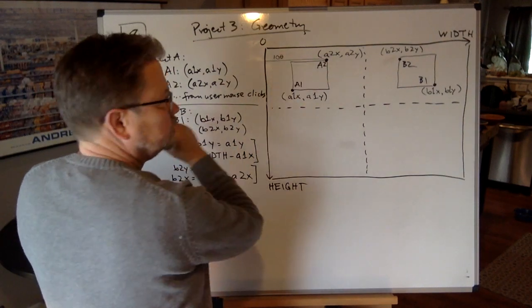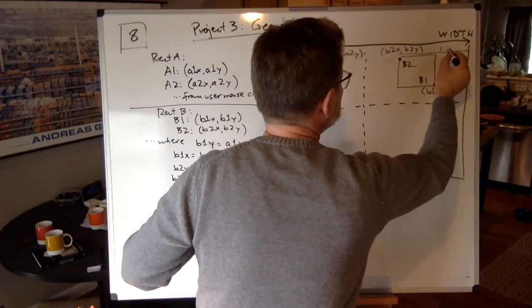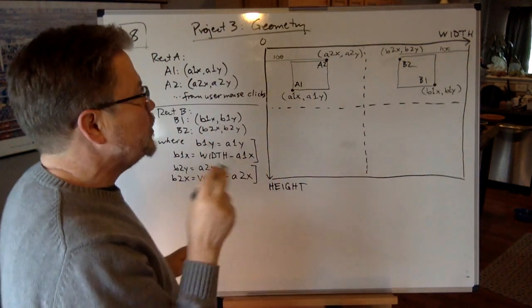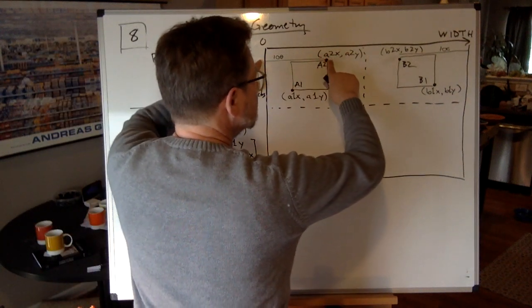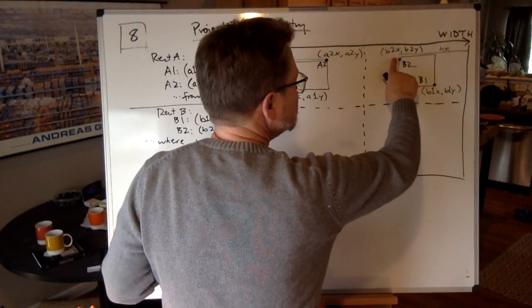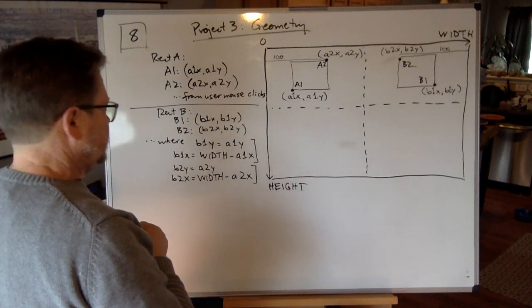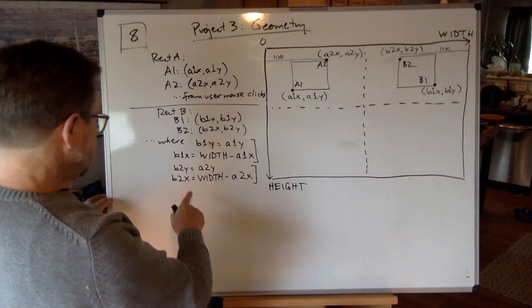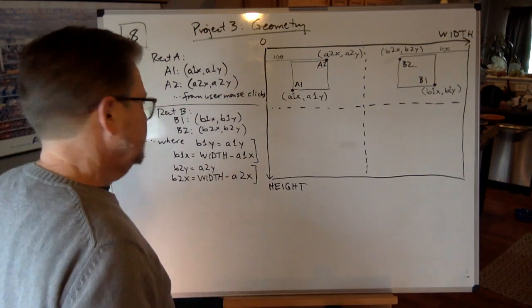Then all the way over and back 100 is going to be width minus 100. Width minus this distance will give me how far B2x needs to be to get it in the right position for the reflection. I didn't end that sentence very well, I'm sorry. B2x equals width minus A2x.